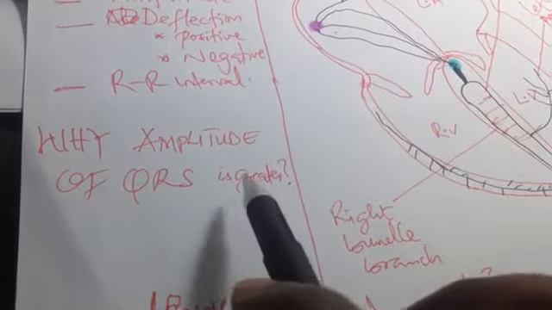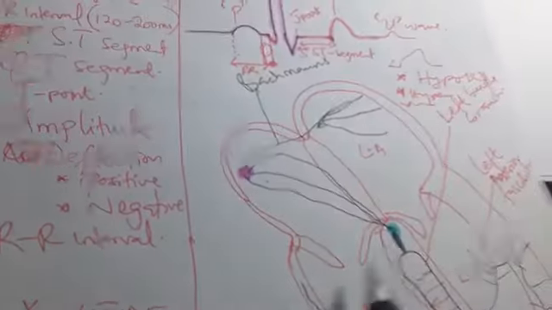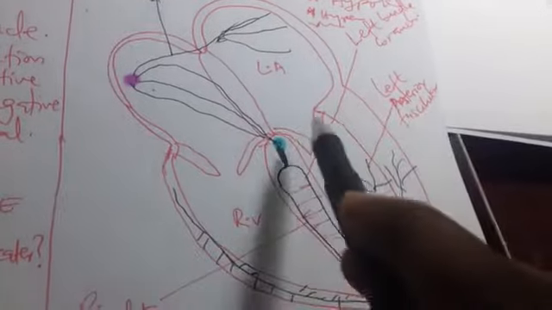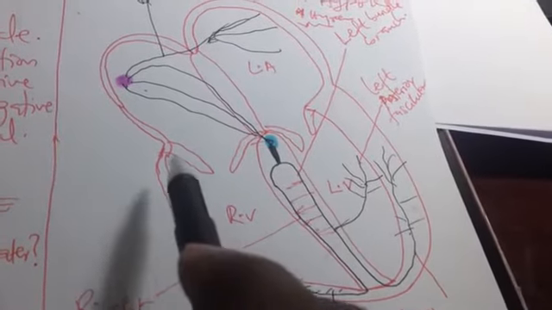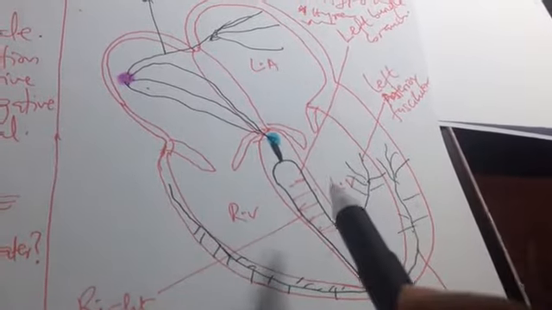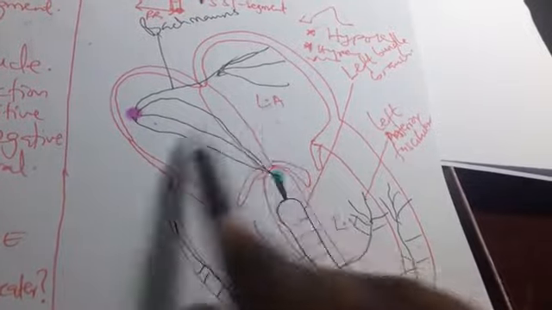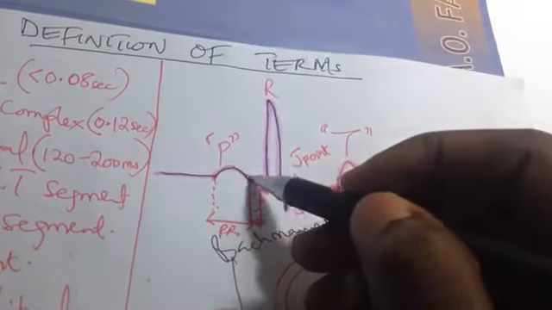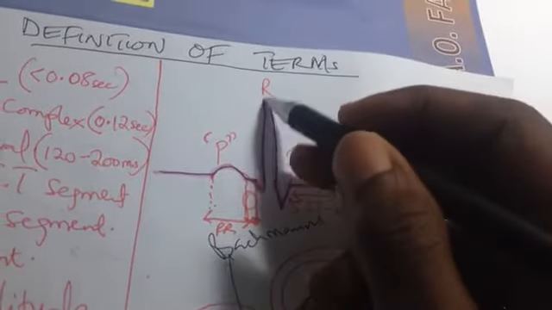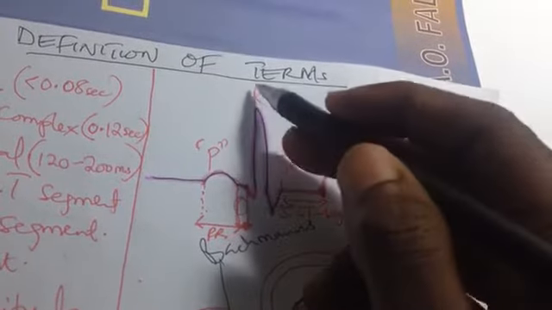So coming back to the question, why is the amplitude of the QRS complex greater than that of the P wave? Because the ventricles are larger and thicker. The most important reason is that the ventricles are thicker than the atria. So we see the amplitude of the P wave is little, but the amplitude of the QRS complex, from down to up, is very tall.